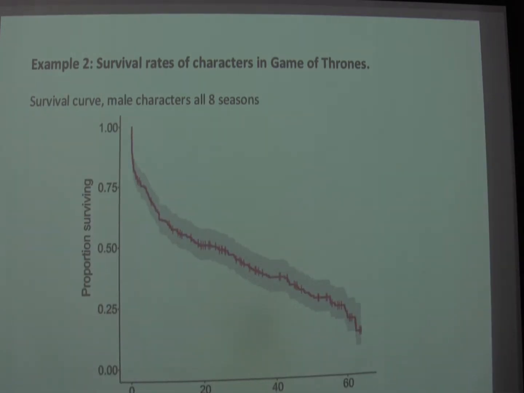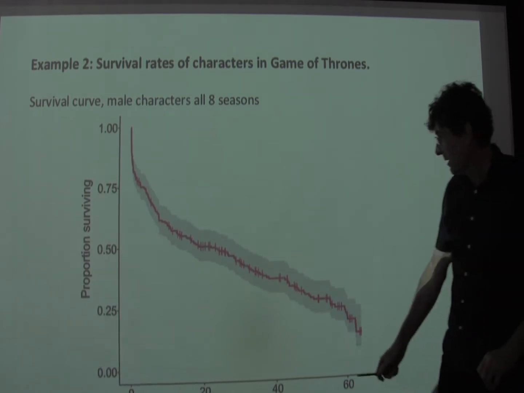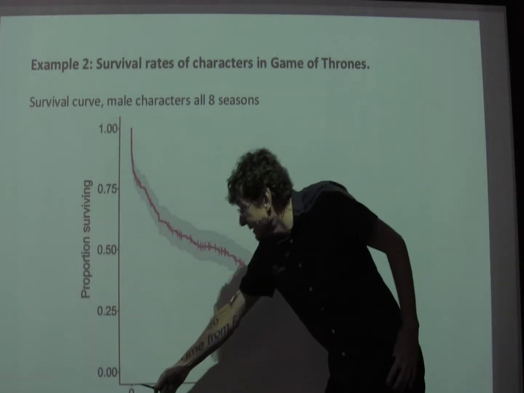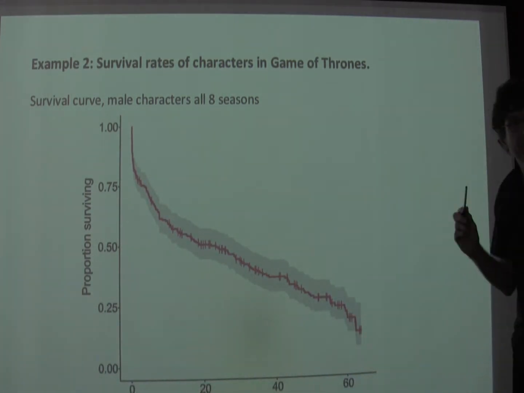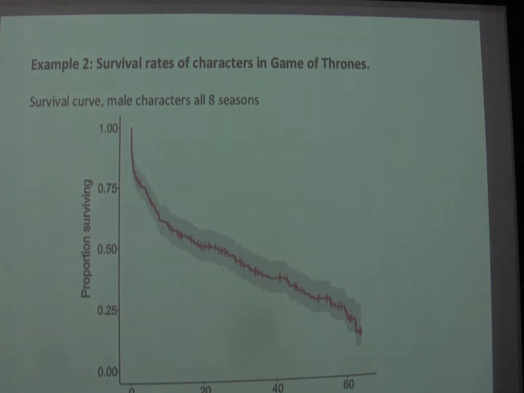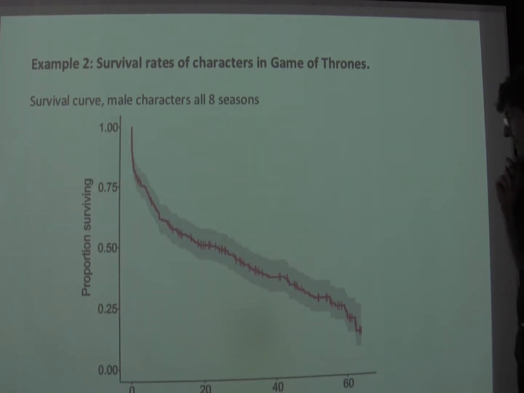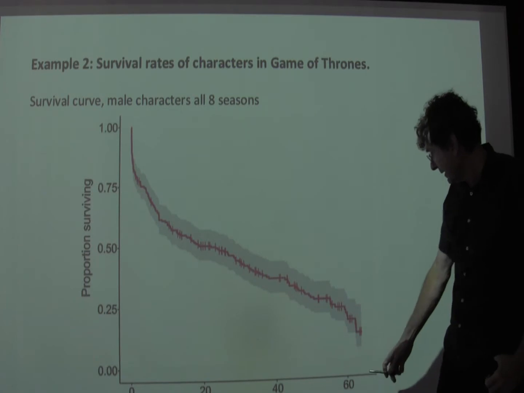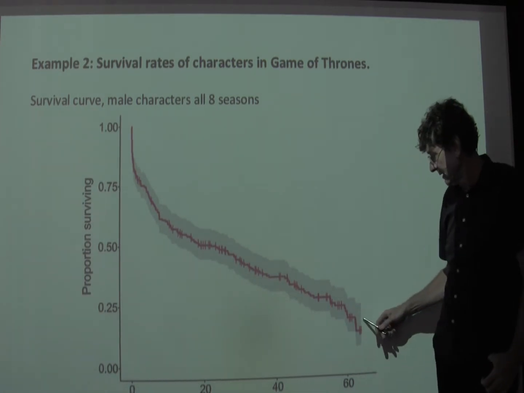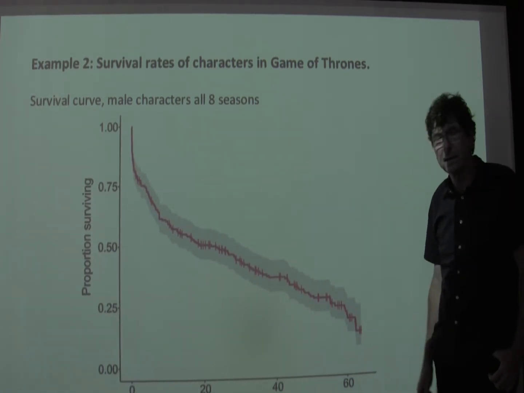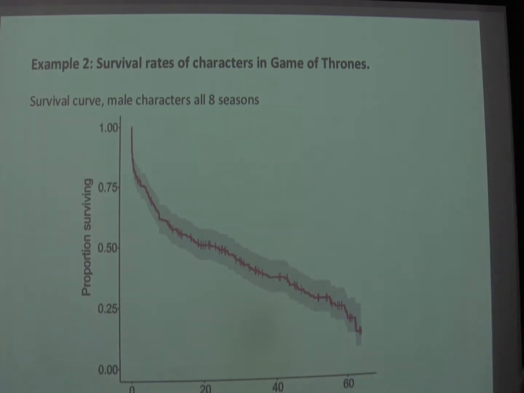So this is a survival curve of the male characters based on all 8 seasons. What this axis is, 0 is the time at which a particular male character appeared for the first time on the show. And then the total length of the 8 seasons, I think, was something like 63 hours.